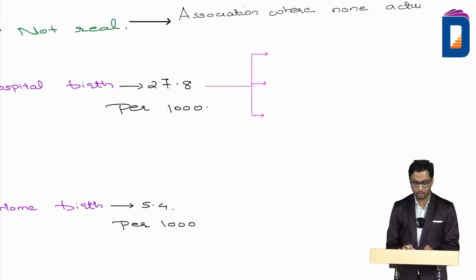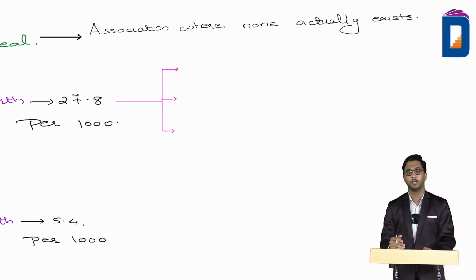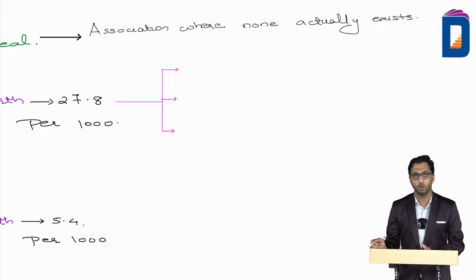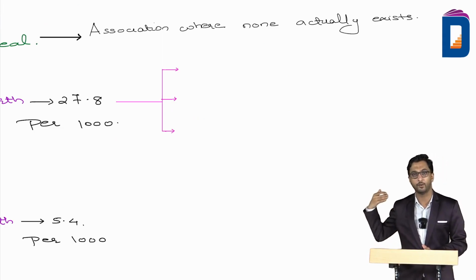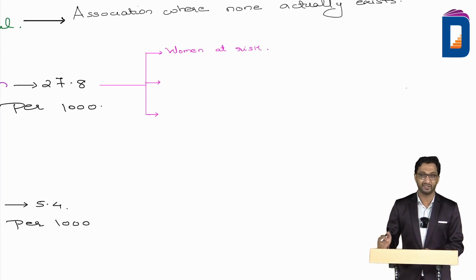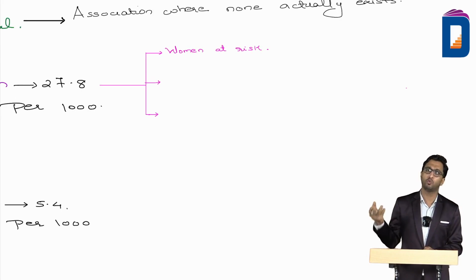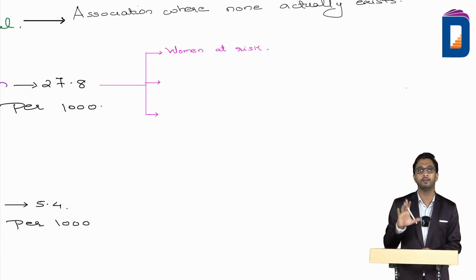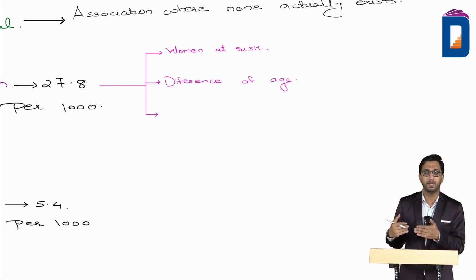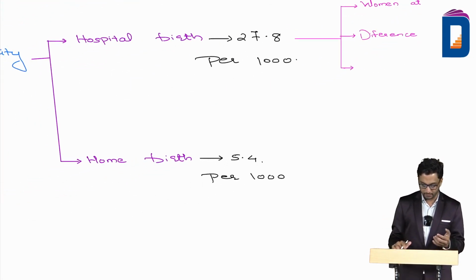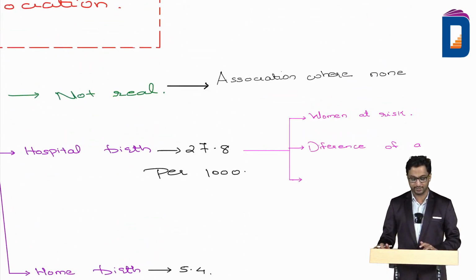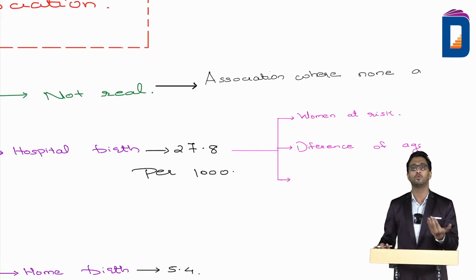Why do people go to hospitals for birth, especially in rural areas? One reason is those women are at risk. So in hospital, you see more people who are definitely at risk, and they will definitely come to hospital. Then age differences might be there, which we didn't know. For example, in home birth, it was a lady who was 25 years old, and in hospital, another lady was 45 years old.